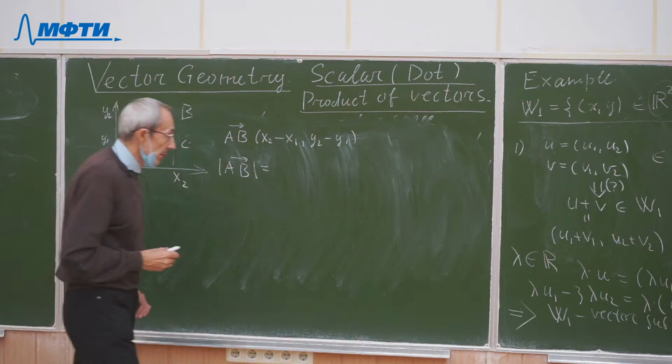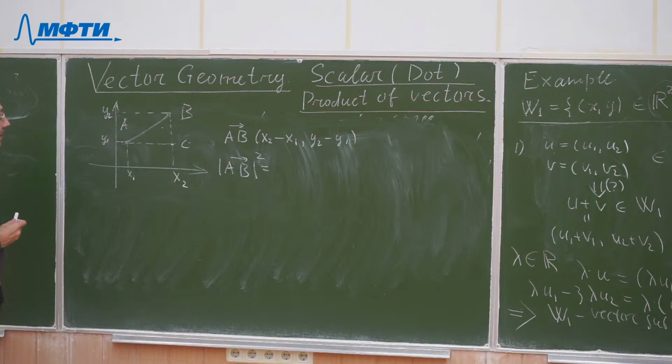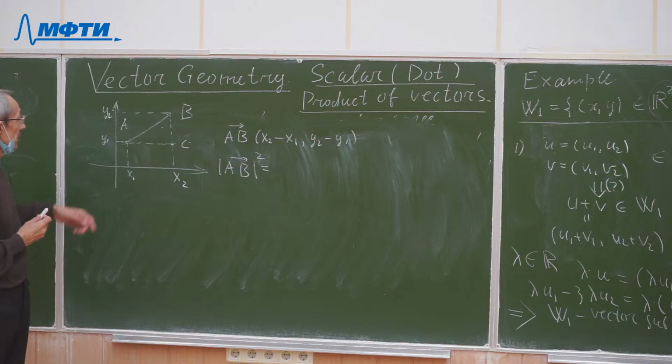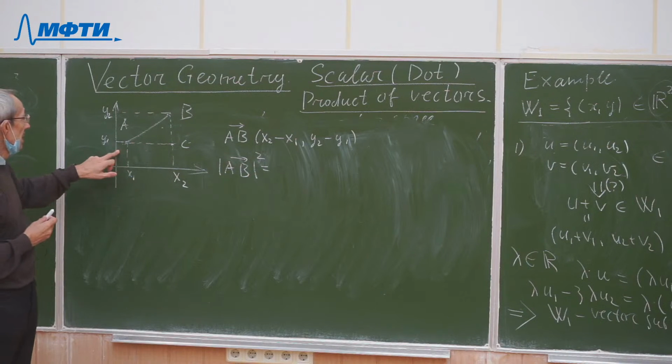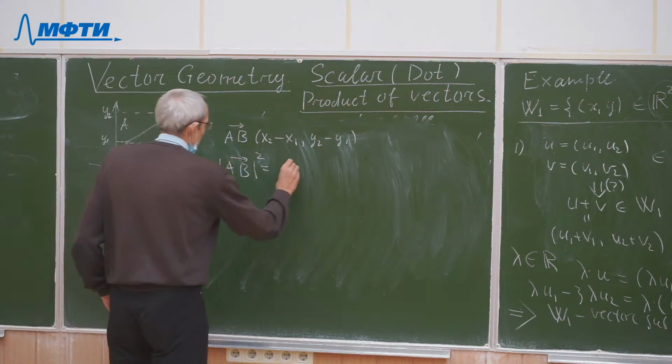And the Pythagorean theorem asserts that the square of length AB is equal to the sum of squares of lengths AC and BC.